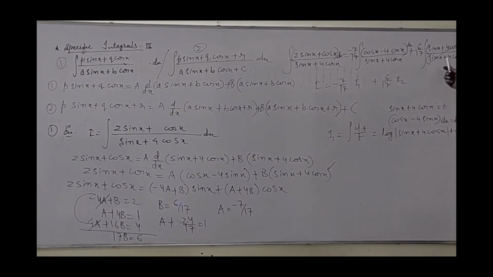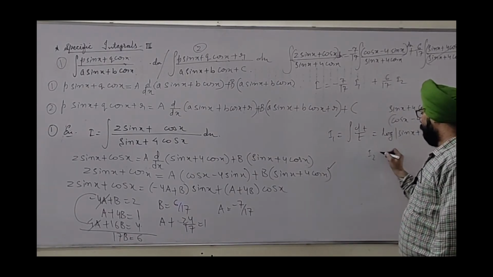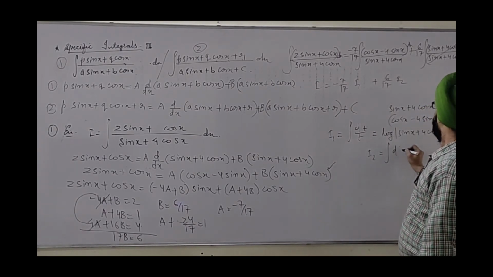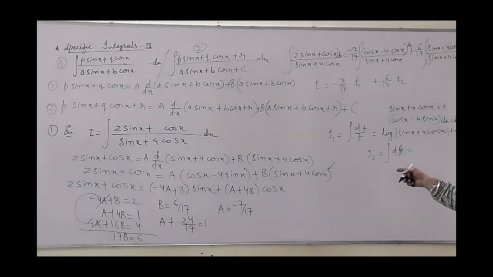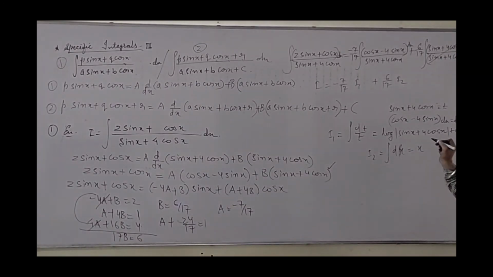Now you check what I2 is. We have obtained I2 as the integration of dx. Is there any requirement of explanation? It is x as it is; the denominator cancels out with itself.